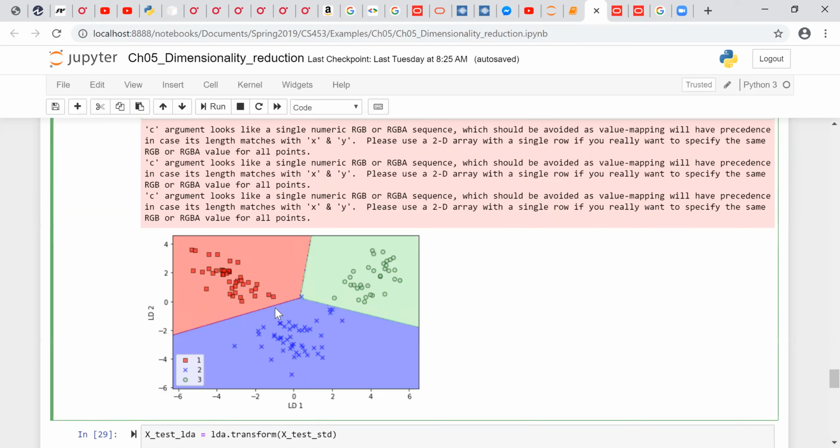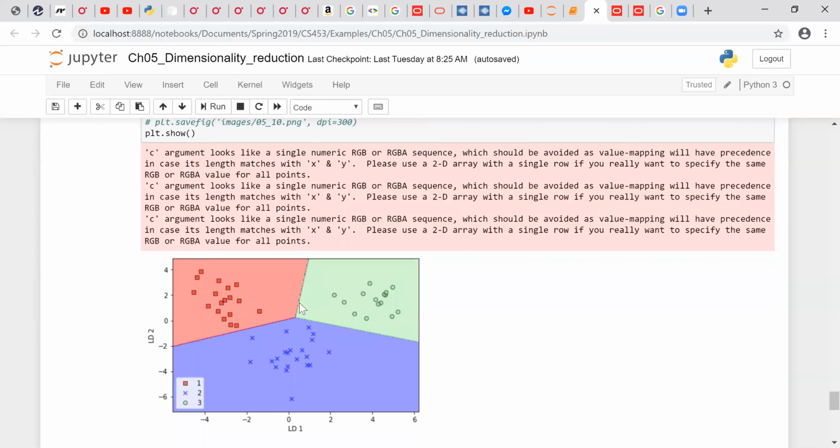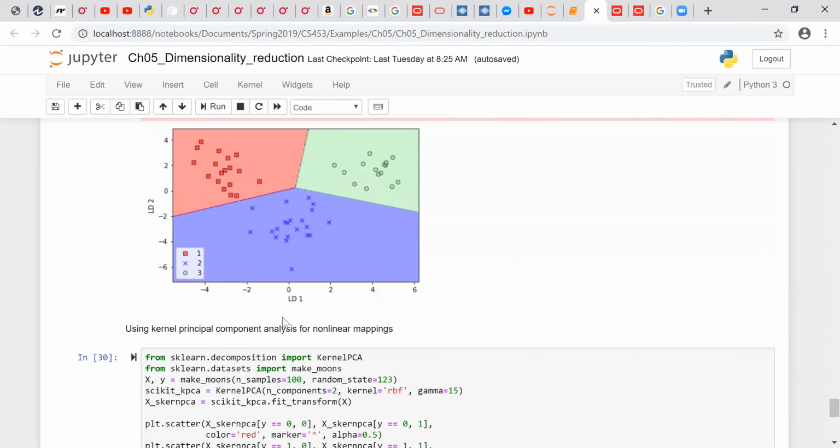So here is a logistic classification applied to the data projected with LDA, and here we can see the result is also quite good. It can separate them quite well, okay? So that's logistic regression applied after LDA.